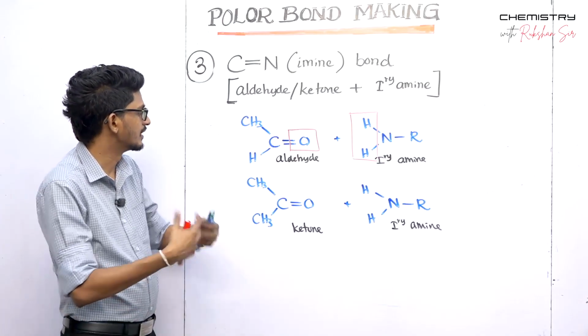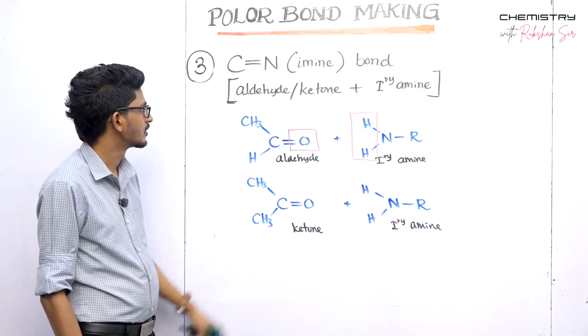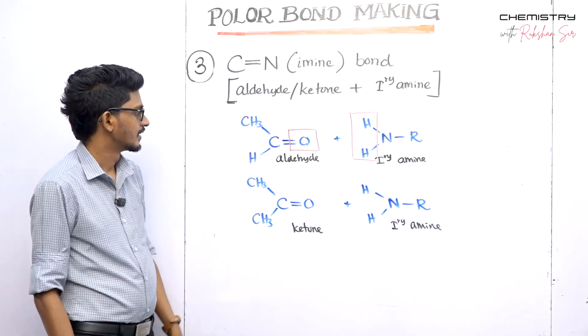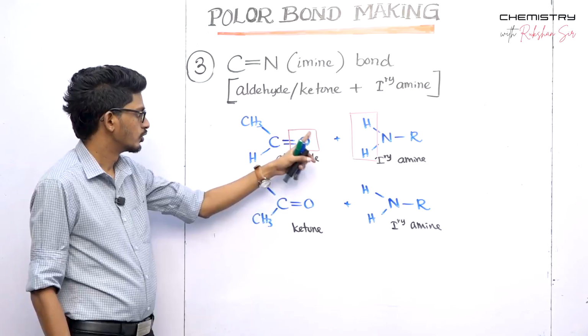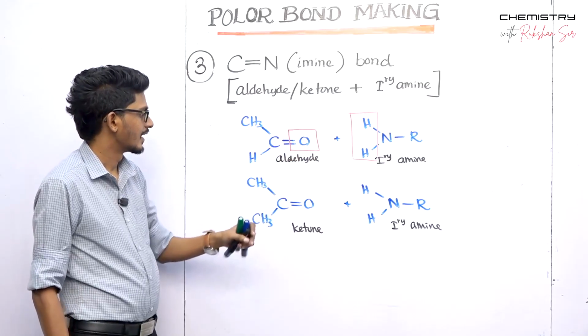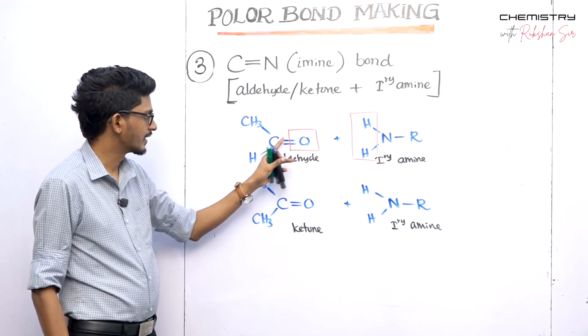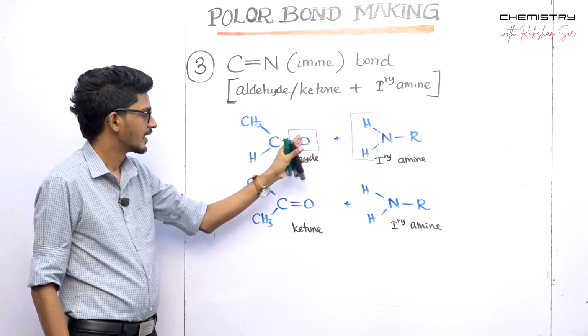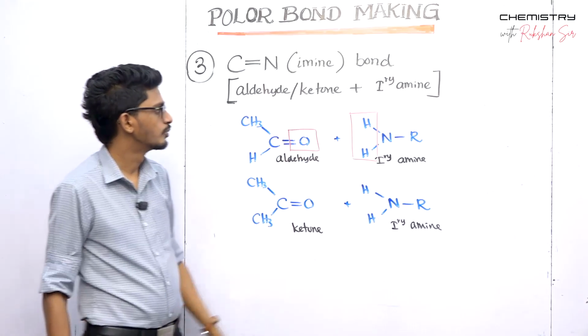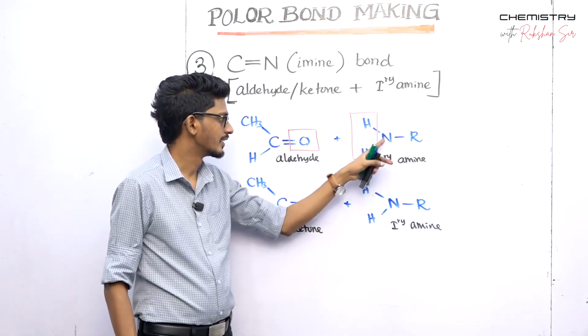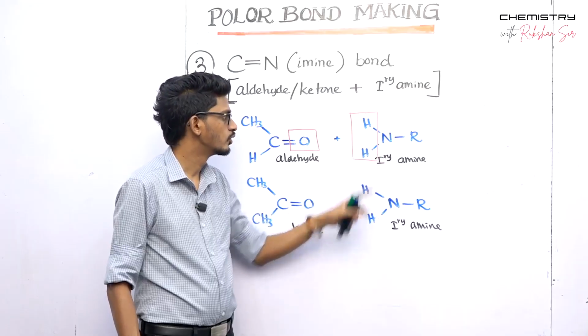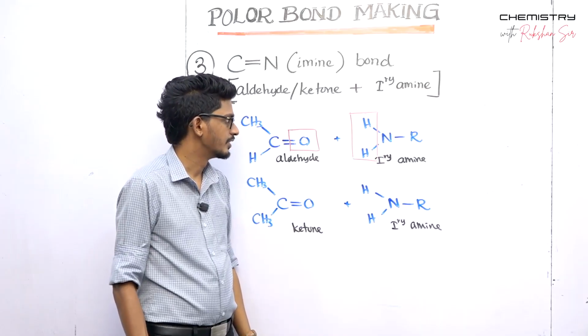Two bonds can be taken from here after leaving the oxygen, and the nitrogen needs to release two of its hydrogens.